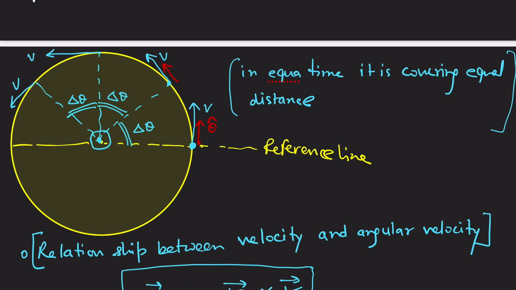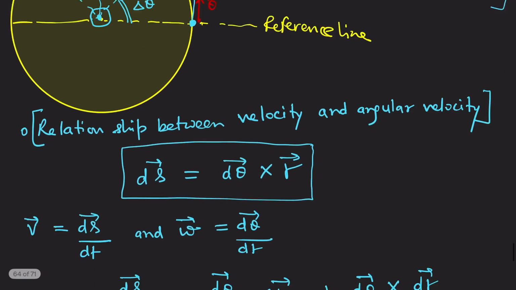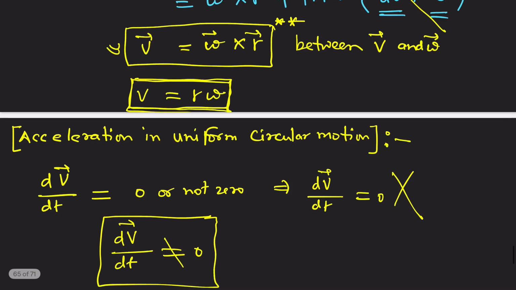Here also it is theta cap, and here also theta cap direction. So we can replace v cap by theta cap, and there is no problem because the magnitude of both unit vectors is one, and the direction of the velocity vector is equivalent to the theta cap direction. So let me replace the v cap with the theta cap.